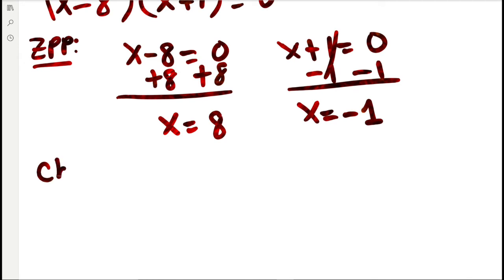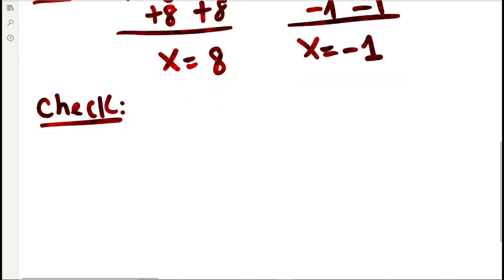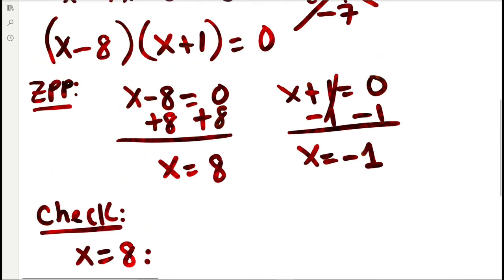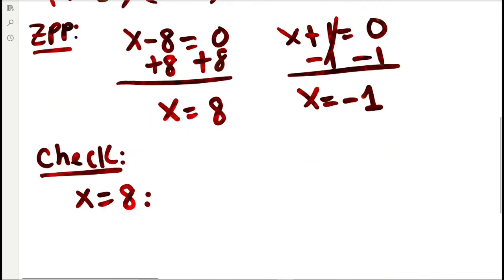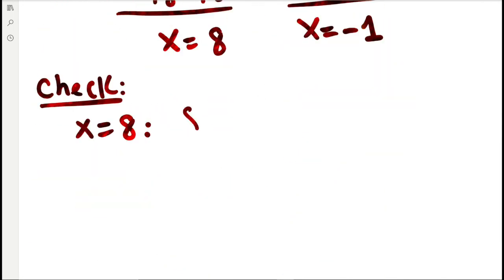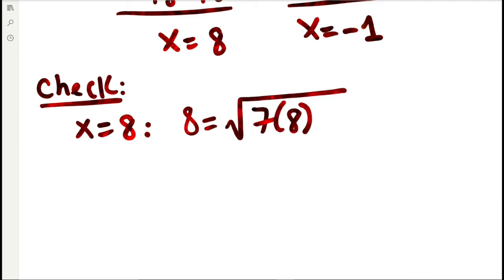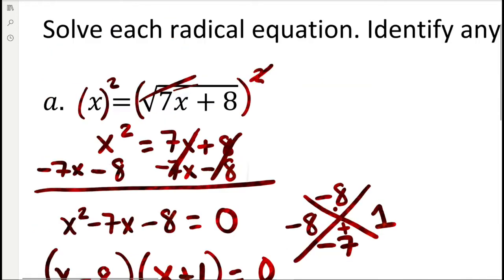Of course, we are going to check our solutions here. So let's plug in, let's check with x equals 8 first. So we have x equals square root of 7x plus, what was it, 8?